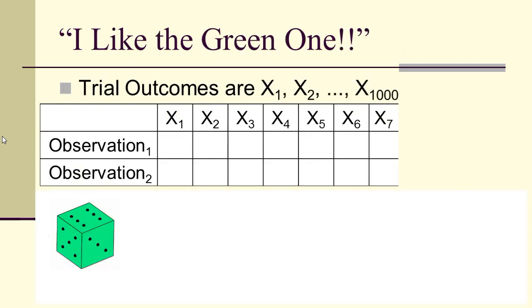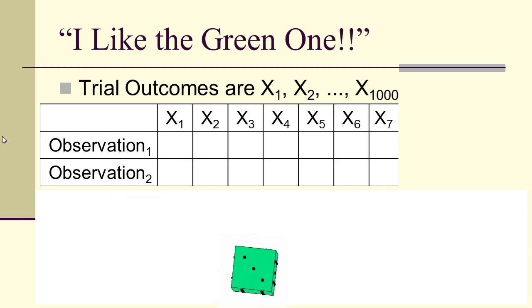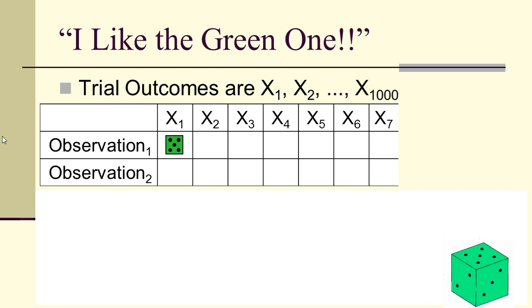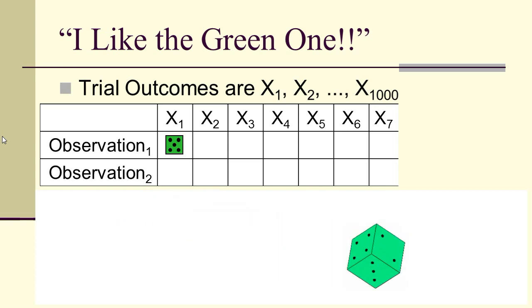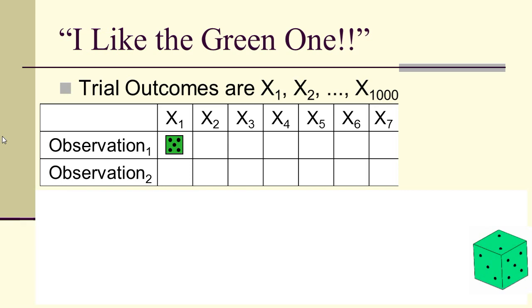So what if you like the green one? Well, you roll the green die, and we get an observation. And so the first user likes the green, so they roll the green, and they might roll it again. And once again, we get a number.